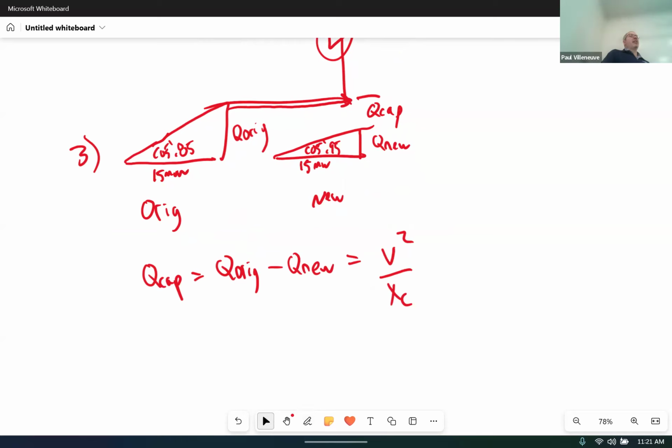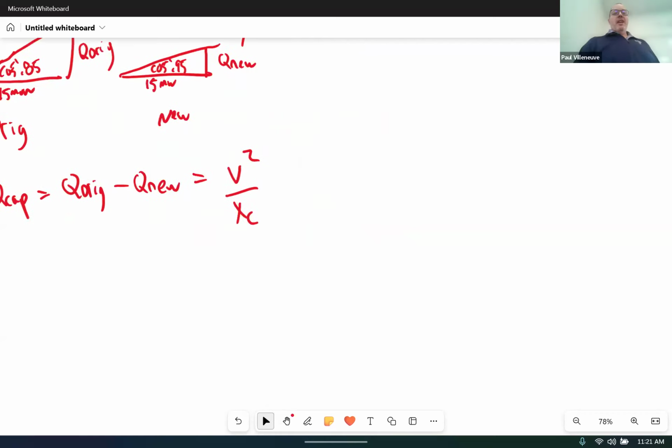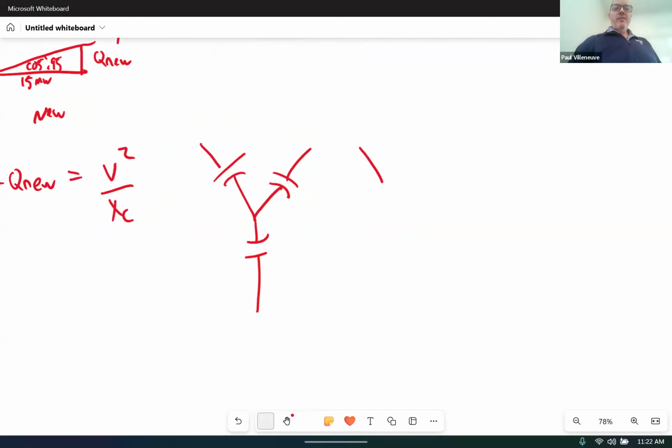Here's where some people made a mistake. And it goes back to Nazali's question. Is there such a thing as a 3-phase capacitor? No. There are 3 single-phase capacitors connected in Y, or in delta.